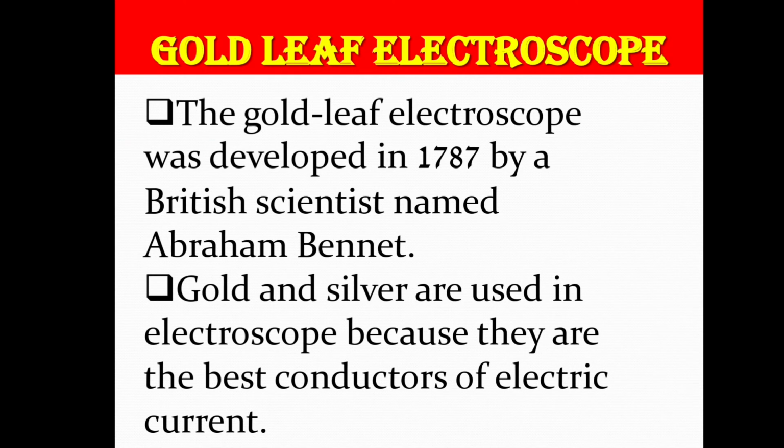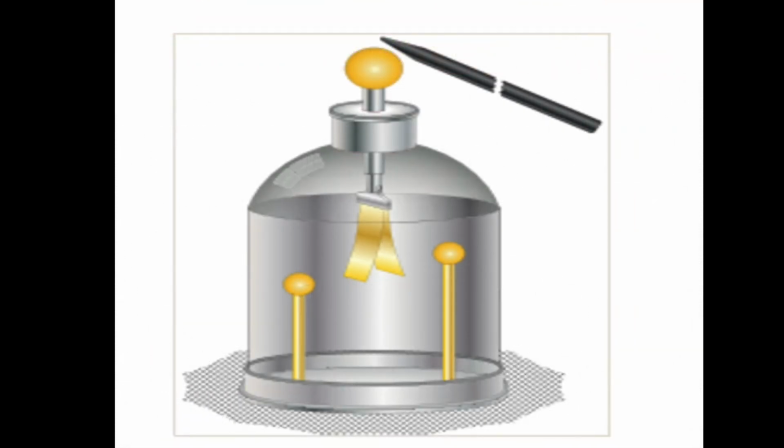We know that an electroscope is made up of metal. Here, in the case of the gold leaf electroscope, they are using either gold or silver. You can see here we have the gold leaves attached to a brass rod, and a knob is there.